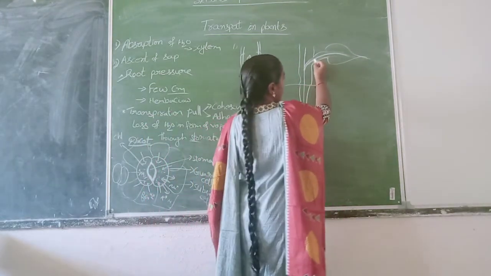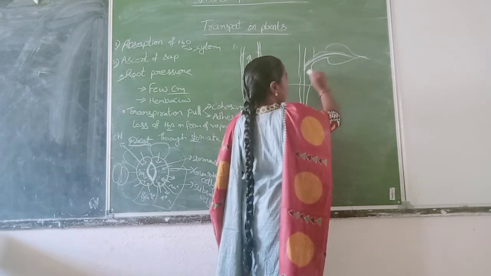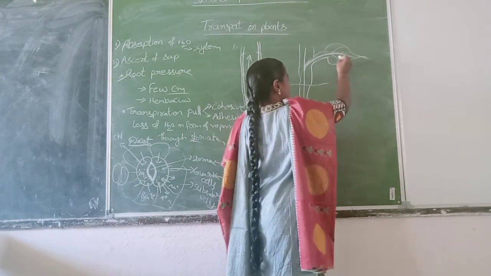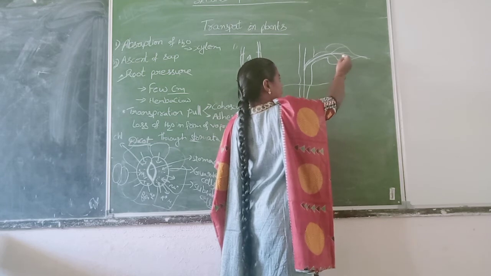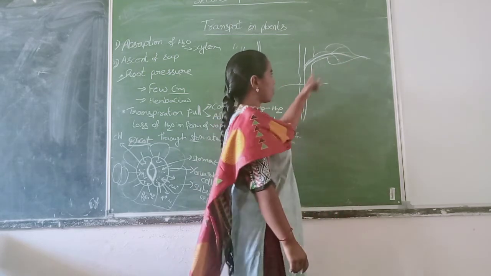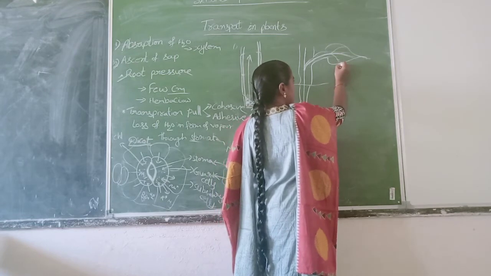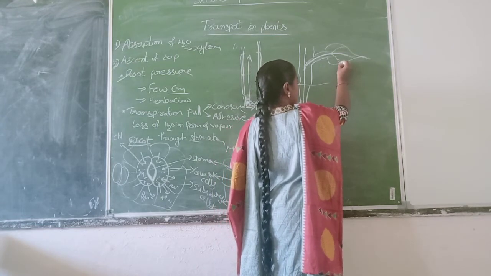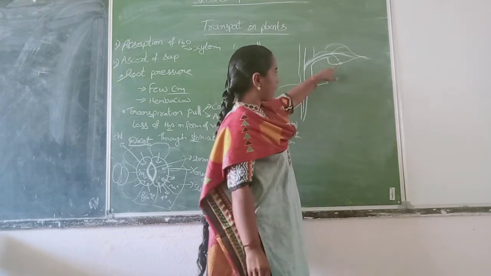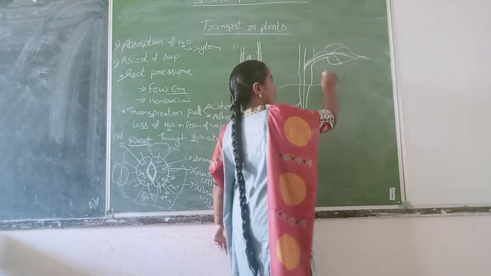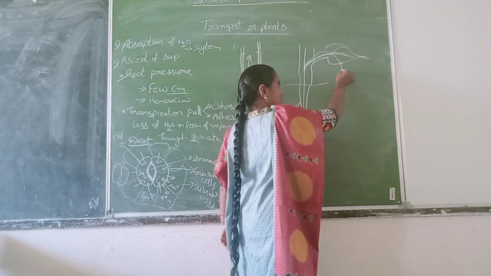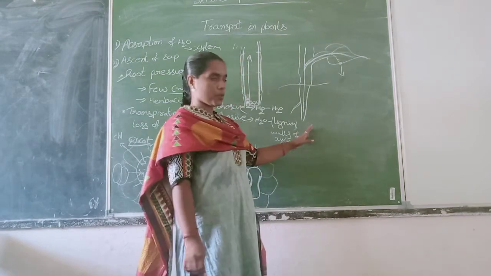This vein has the xylem vessel and a number of veins, so this water will be transported throughout the leaf. Finally, the lower surface of the leaf has stomata, and the water which is transported will be evaporated into the atmosphere.